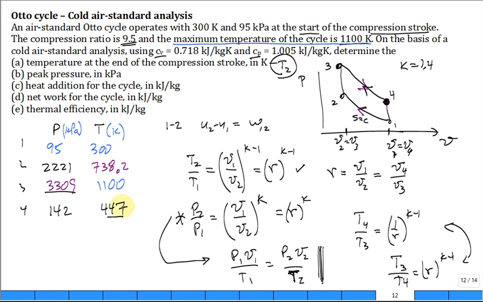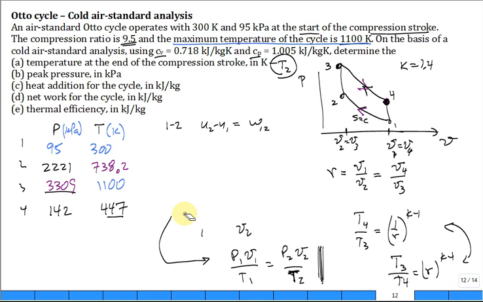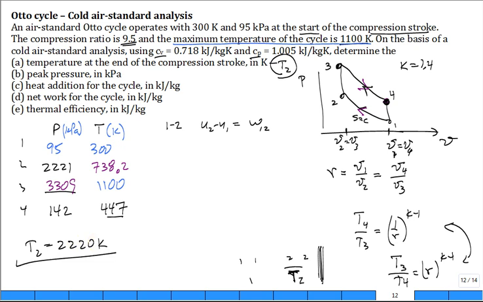Now, once I've done that, then I can come in here. Well, first of all, I did calculate the answer to part A, true? So the peak temperature, the temperature at the end of the compression stroke, that's T2, is around 2220 Kelvin. That's part A. What about the peak pressure?